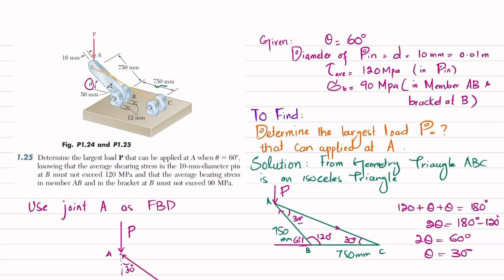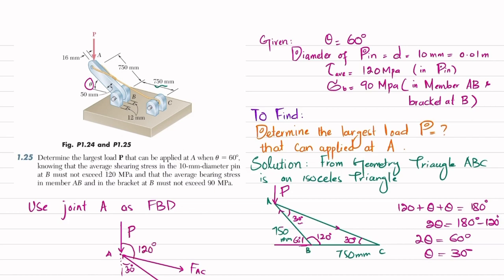The angle between P and FAB is this one. And this angle is 90 degrees and this is also 30 degrees. Clear? Because this is 30, this will also be 30 degrees. So the total angle P forms with AC will be equal to 120 degrees. So I have to draw FAC. This is FAC. This is FAB. So this total angle is 120 degrees.